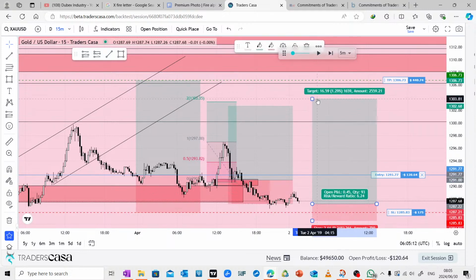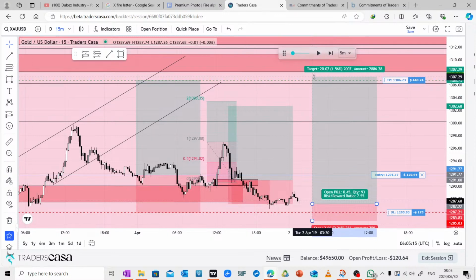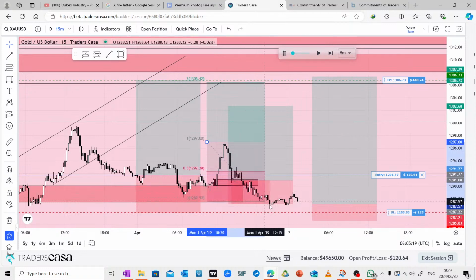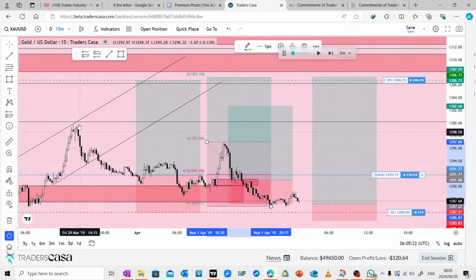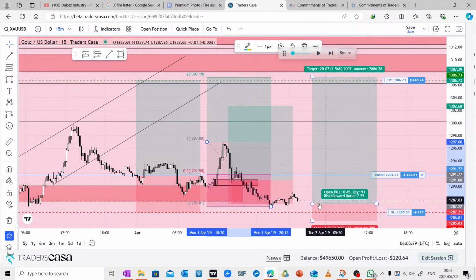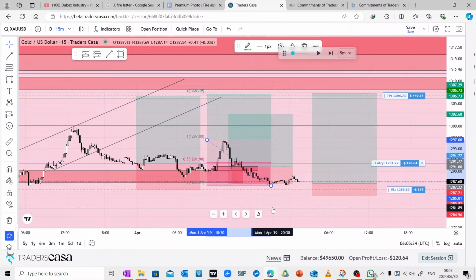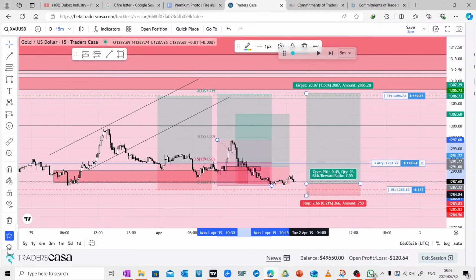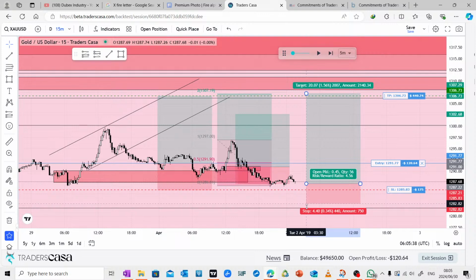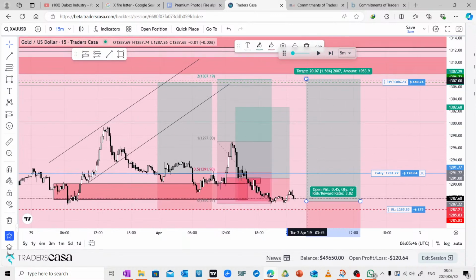And now we know where we're targeting. We're definitely targeting these highs. Why? Because look at the retracement. It went deep. And remember, we're still ranging. This is the low and this is the high. So we're ranging. All we're doing right now is just ranging. So let's accommodate a bigger stop. So rather put our stop at the low, right? And then try to take out these highs right here.